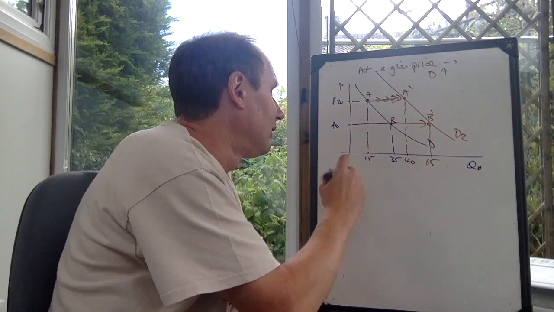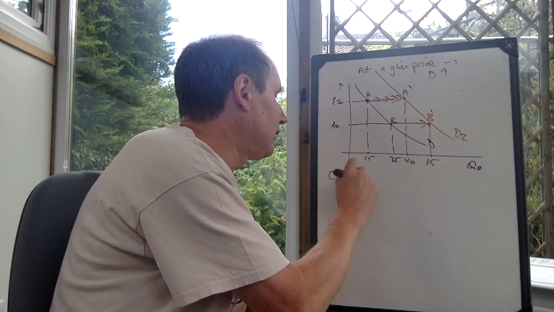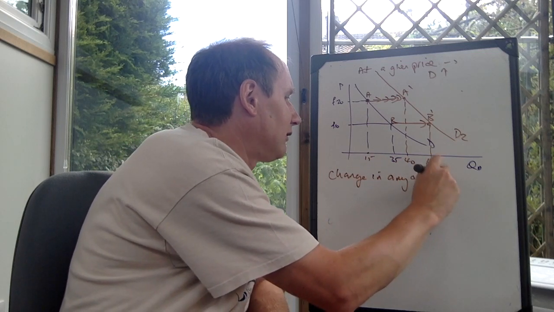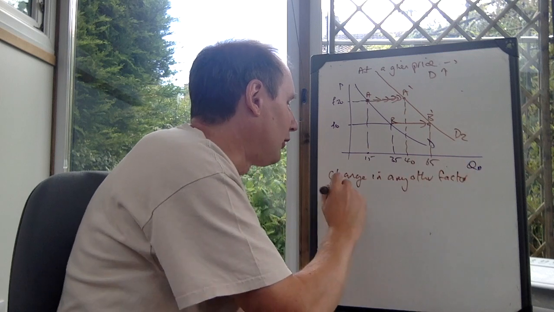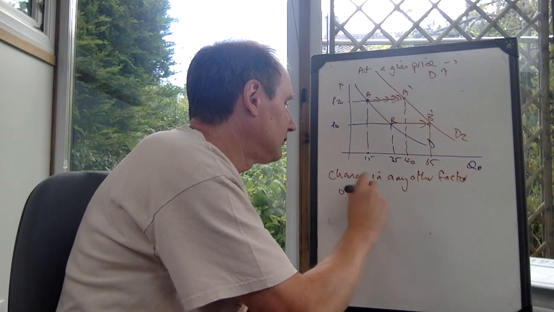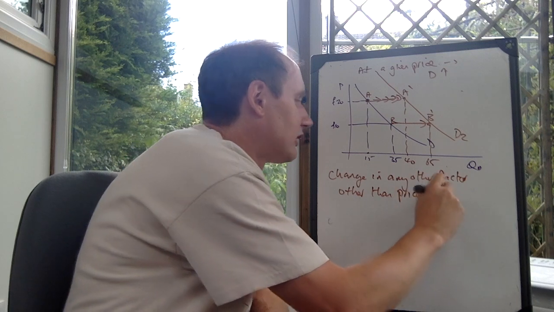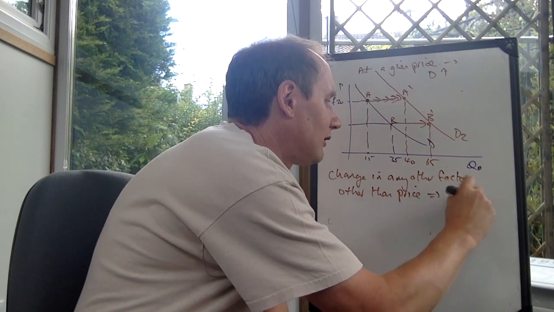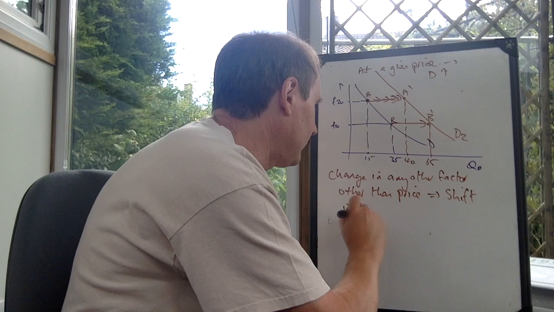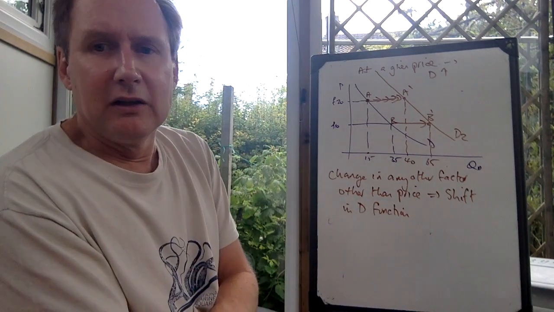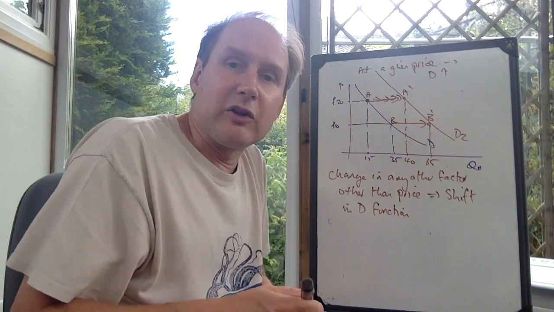So we can see here that a change in any other factor other than price leads to a shift in the demand function. The whole line moves. In this case, it's shifted to the right.